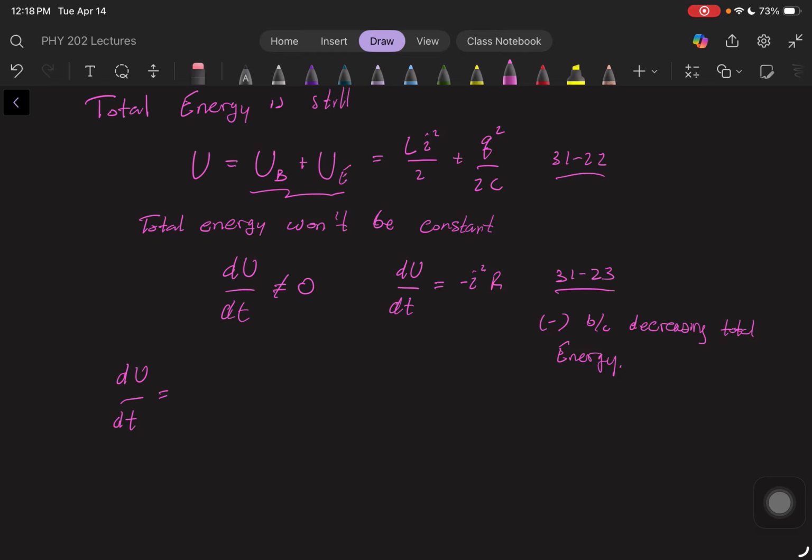We'll just go straight to, it's equal to L I times dI/dt plus q over C times dq/dt, and we're going to set this equal to negative I squared R, right?